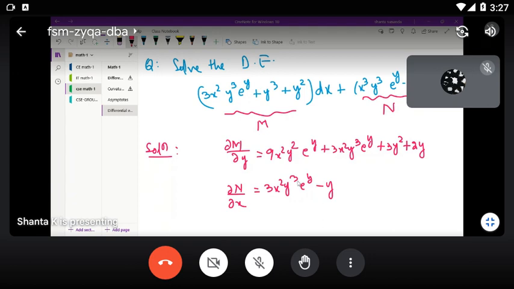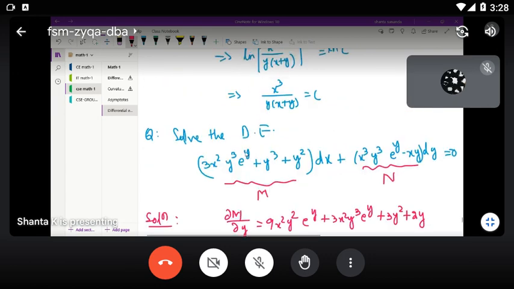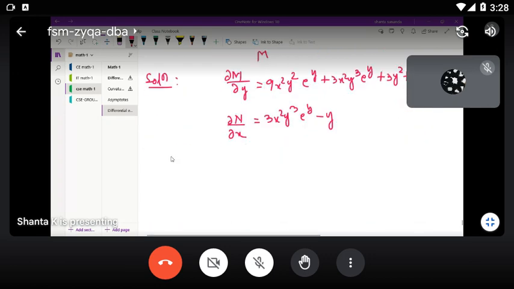If you subtract this one minus this, whether you are getting anything, see this term will get cancelled out. Y we will have left. So if you divide it by this, whether you are getting, let's see.